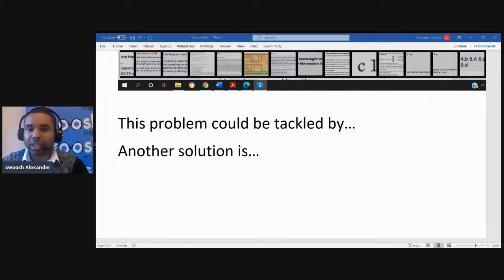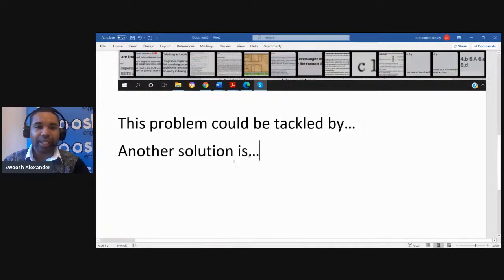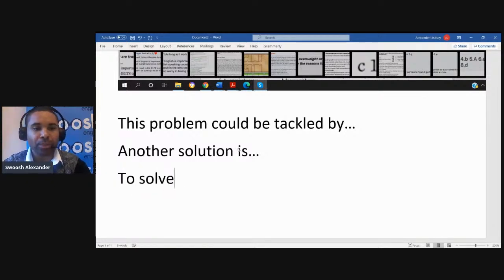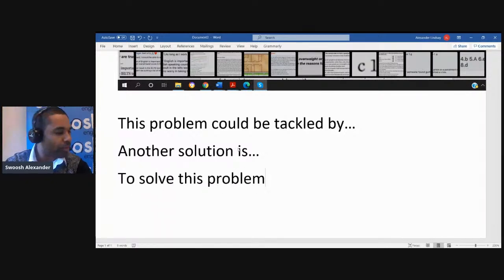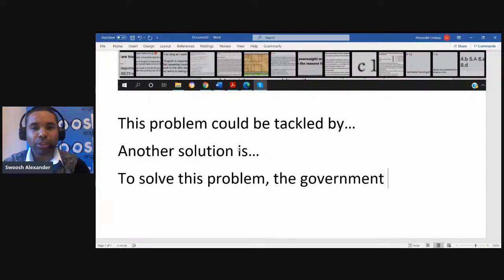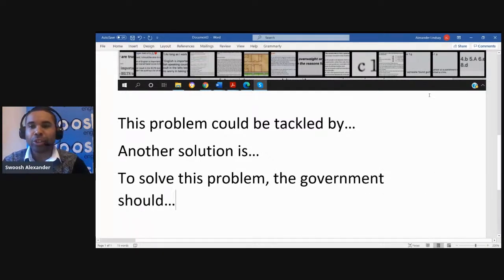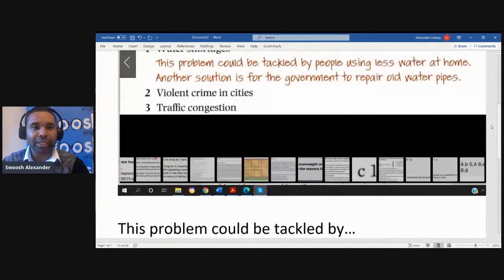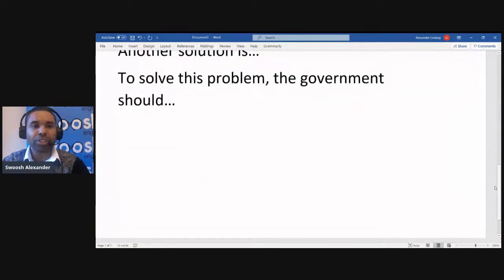Okay, so Alice, you've got a sentence here. The government can harvest water during the rainy season and store for use in dry seasons. Very nice. So the beginning of your sentence there is the government can. That's great. Just to make it really clear to the reader that you are focusing on solutions, you can use language such as this. So to solve this problem, the government should, and then you could use that idea that you've got, Alice, which is a really good idea, and this is referring to water shortages still.